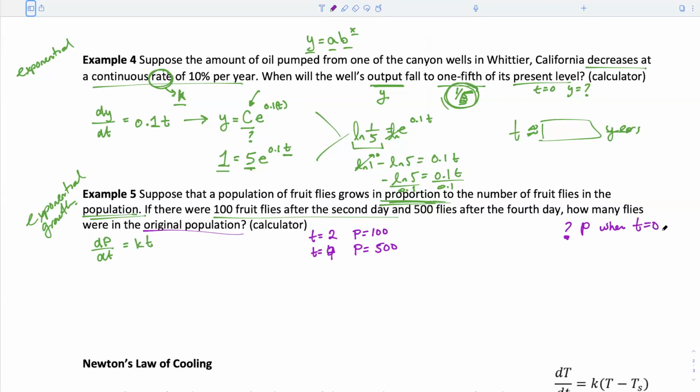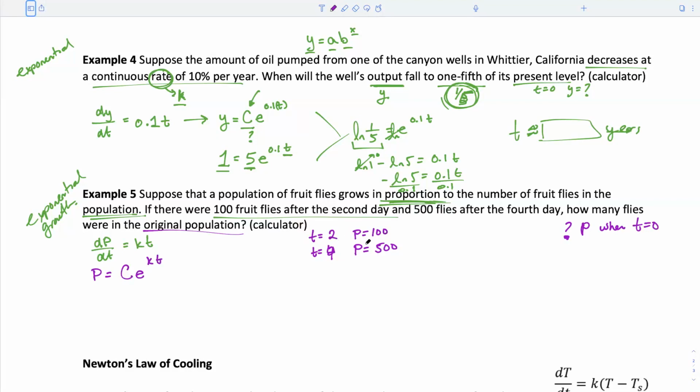Now, in order to figure this out, we need the original equation. All right. Now, we know that this is going to be exponential, so I know what my equation should look like from my differential equation, and that's P equals Ce to the kt.